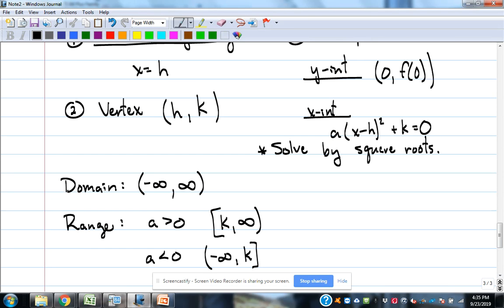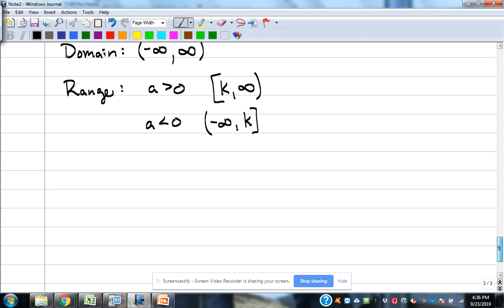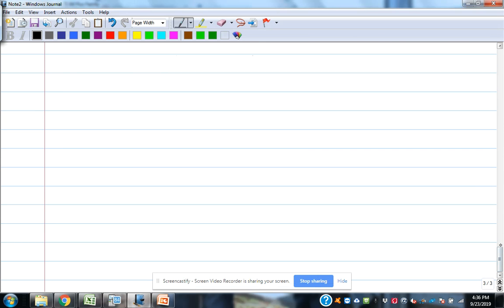Okay, so vertex form, really, if you have to have a vertex, that's the best form for them to give you the problem, because you just look at it and get it. Now, as far as the x-intercepts, this is not the best form for me to get x-intercepts out of. There's actually a better form for x-intercepts than this, but we'll talk about that in a little bit. But let's look at an example of something that's in vertex form.